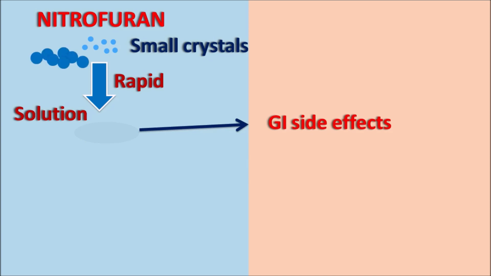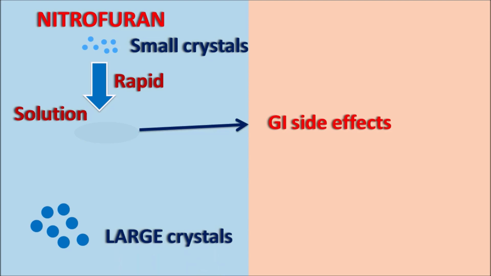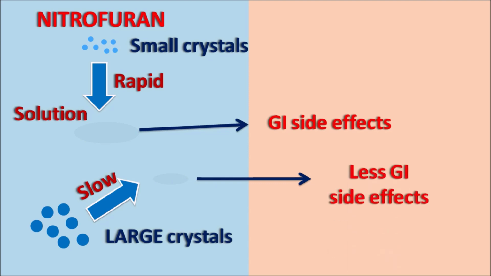But when nitrofurantoin is given as large crystals, as the particle size increases, the rate of dissolution decreases. Now these large crystals are slowly dissolved so that they release the drug very slowly in small quantities. Because of the small quantities of nitrofurantoin, they will produce fewer gastrointestinal side effects compared with the small crystals.